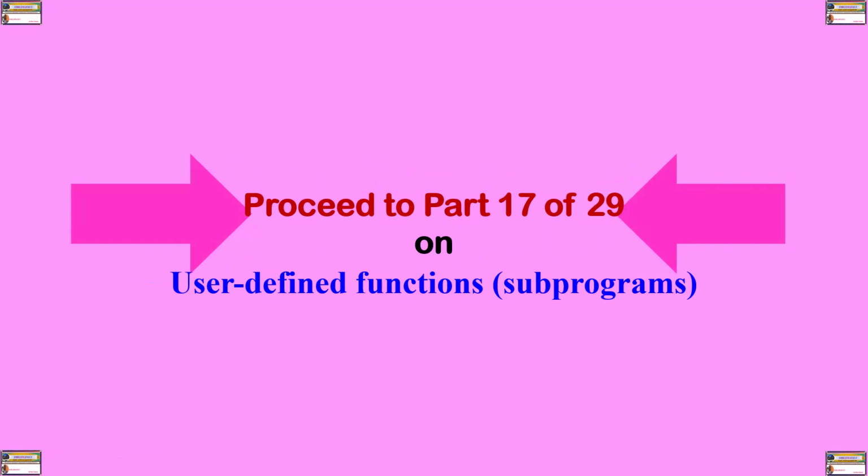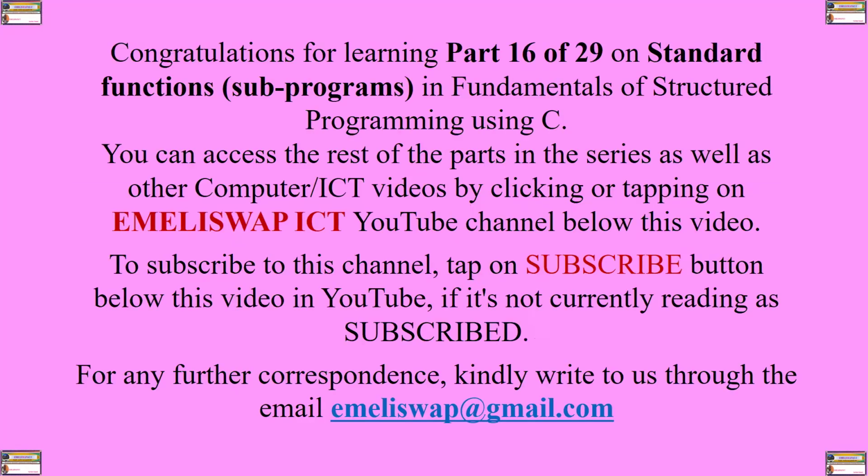You can now proceed to part 17 of 29, in which we are going to start learning what we call user-defined functions or subprograms that you write as a programmer.